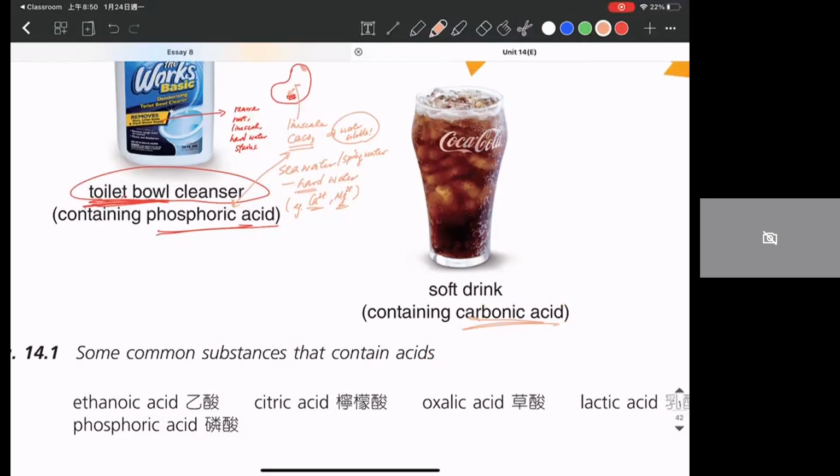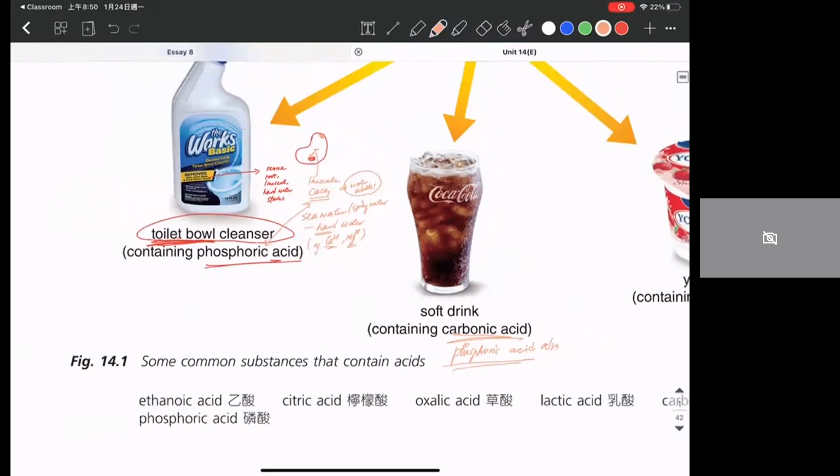So why? Because the soft drinks also contain phosphoric acid. Wow, Mr. Chin, isn't it corrosive? Yes, somebody says yes, right? But indeed, it is related to the concentration of the acid, whether it is touted as corrosive or not. Okay, so we will talk about it later.